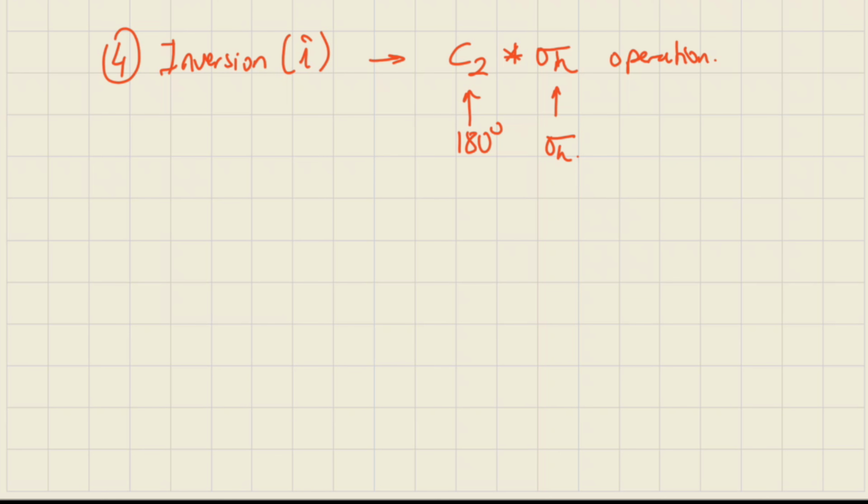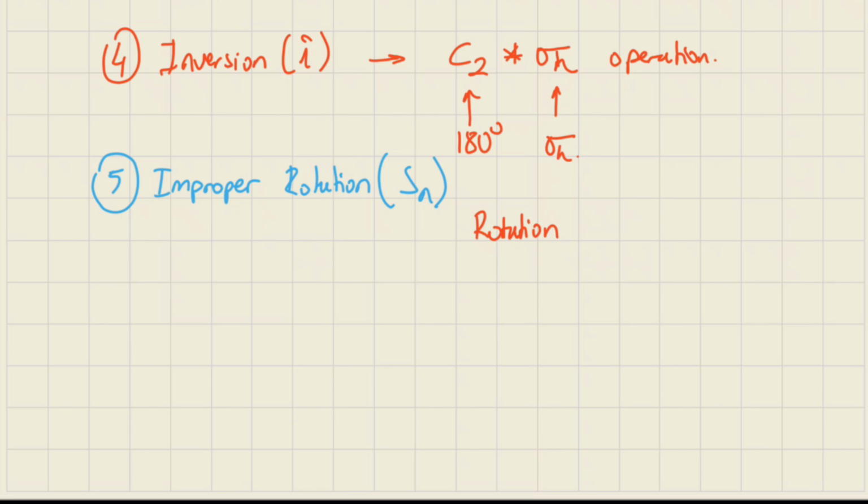We also have improper rotation, and it is represented as Sn. This operation is rotation as Cn, where the rotation is 360 over n degrees, then we apply sigma h. Note that the i operation equals the S2 operation.